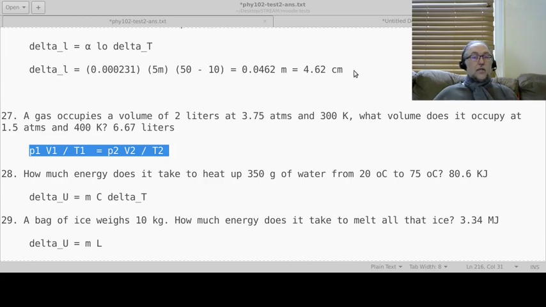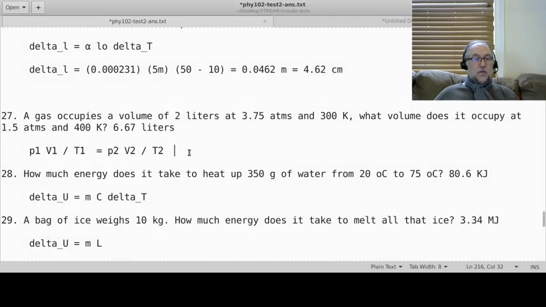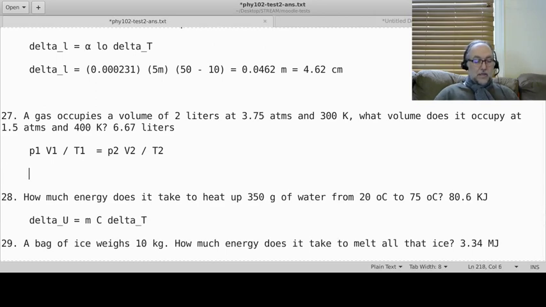Okay, and so if we just plug in the numbers here, so you could say P1. That's your initial state. And I'll even put in the units just to show you how they all cancel out. So, your initial state is at a pressure of 3.75 atmospheres. Your initial volume, V1, is 2 liters. And your initial temperature was 300 Kelvin.